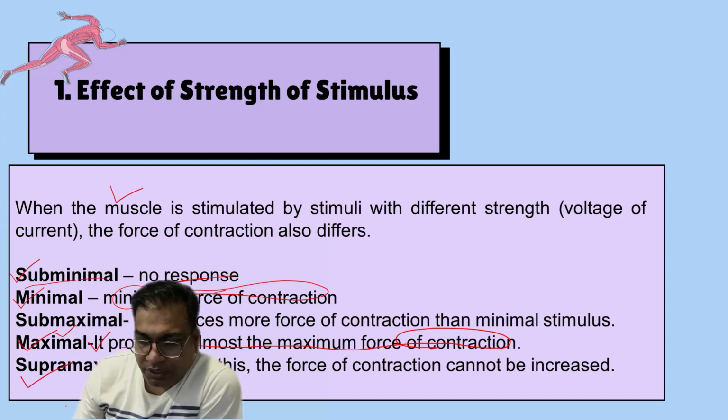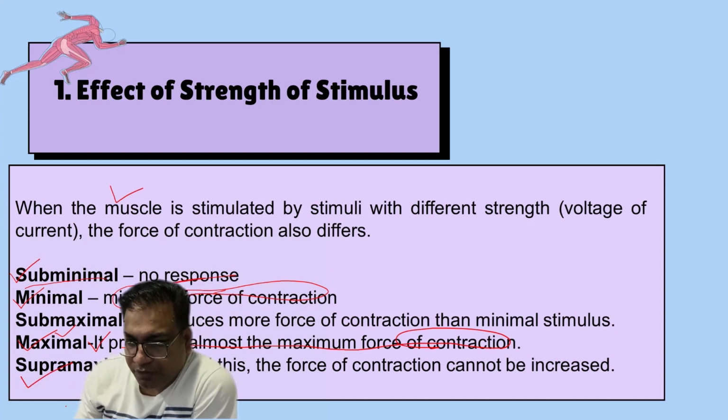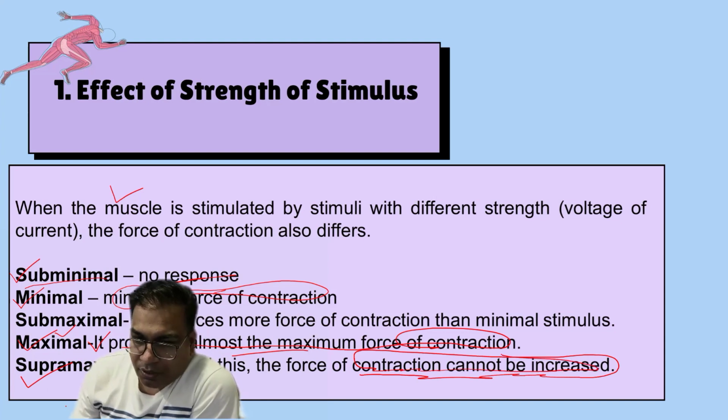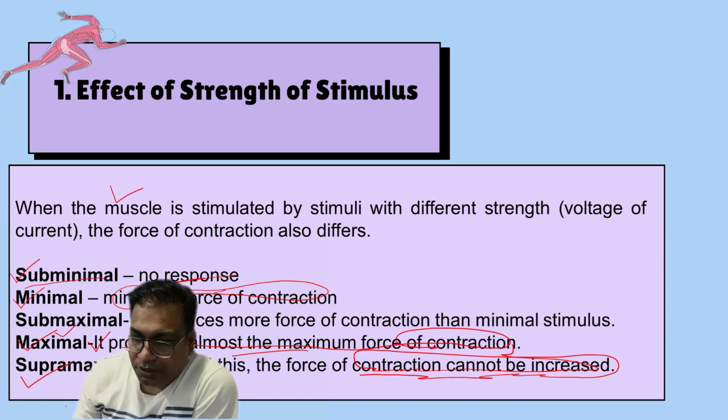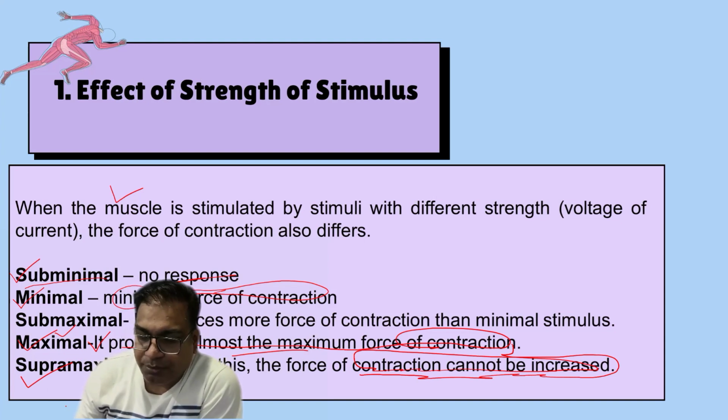If the intensity of stimulus is supramaximal, the force of contraction is still maximum. Beyond this, force of contraction cannot be increased.